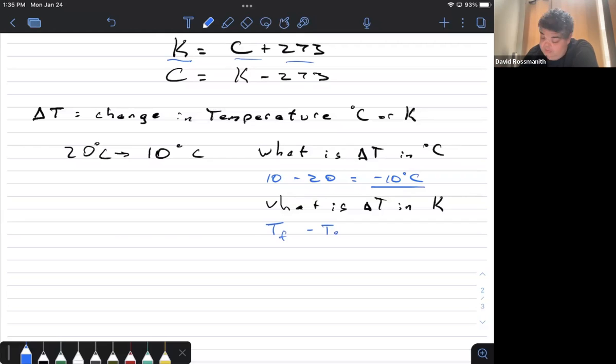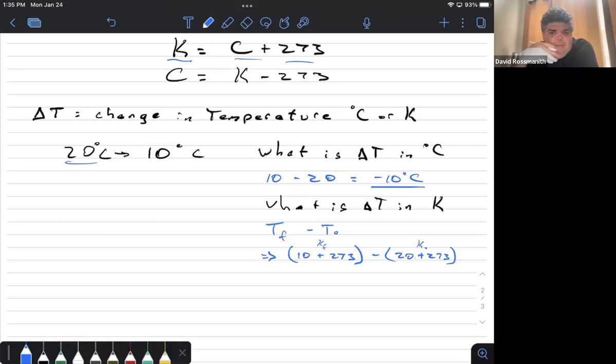That's what delta T means. So what is the final temperature in Kelvin? Well, in Kelvin, it's whatever it was in Celsius plus 273. Okay, and so that's my Kelvin final. Minus, what's the initial temperature? Well, it's whatever it was in Celsius, 20 plus 273. That's my initial Kelvin.